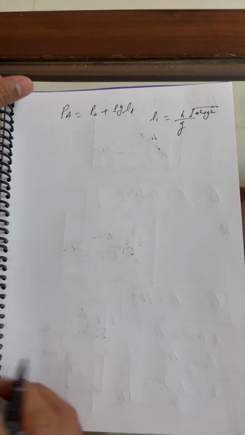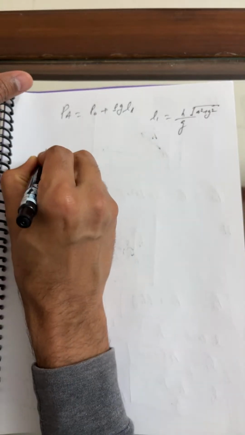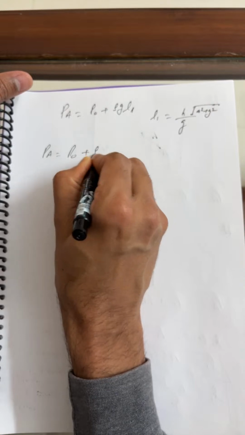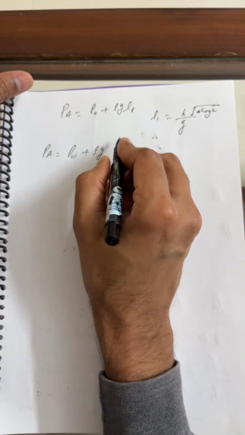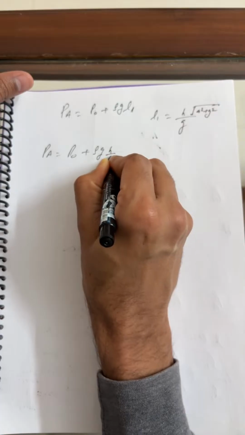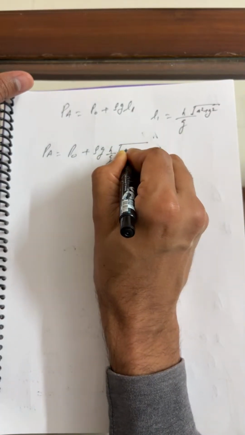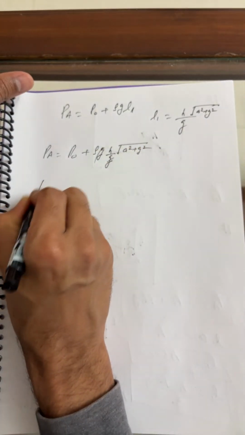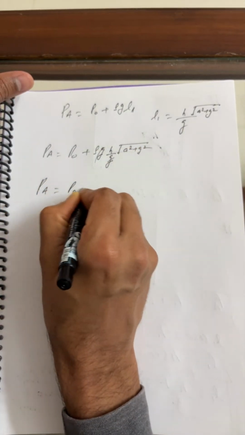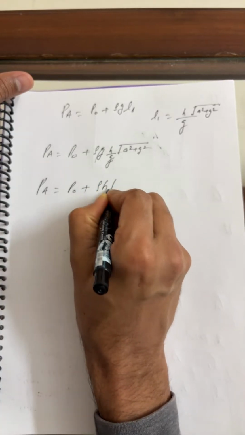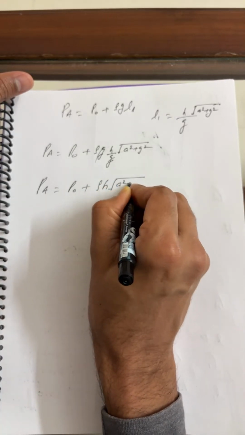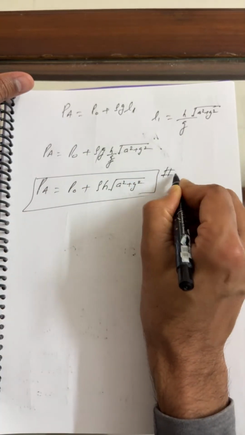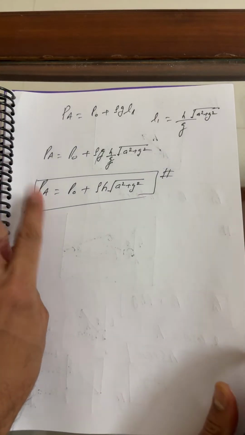You can see g cancels, so pressure at point A is P naught plus rho h into root of a square plus g square over g... this is the pressure at A.